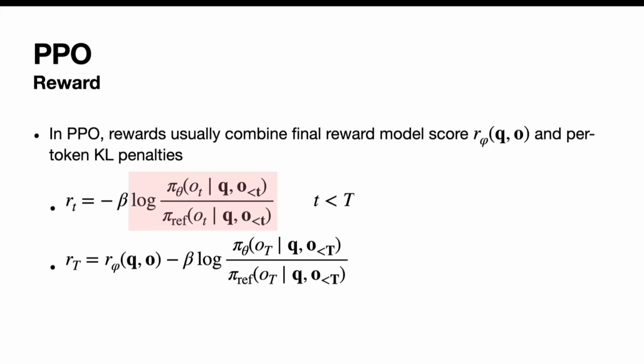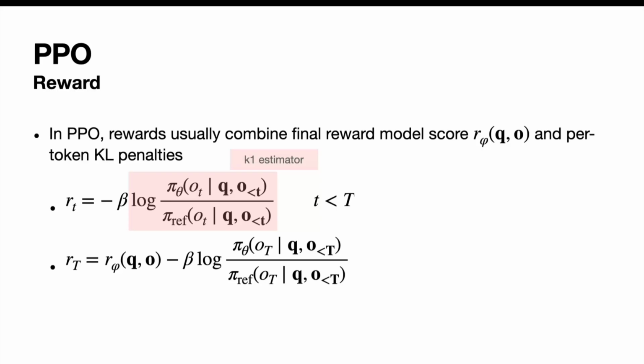That per token KL estimate is computed with the K1 estimator. For each generated token, we compare its probability under the current policy pi theta with its probability under the reference model pi ref, given the same context. Here, beta controls the strength of the KL penalty.